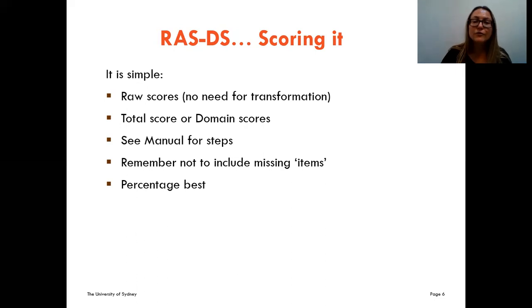So the critical things are to remember that you don't include missing items. If someone chooses not to answer a question, then don't score that as a 0. It needs to not be included, so make sure you don't do that. And also it's better to have a percentage score if you're doing separate domain scores, because some domains have more items in them, more questions in them.